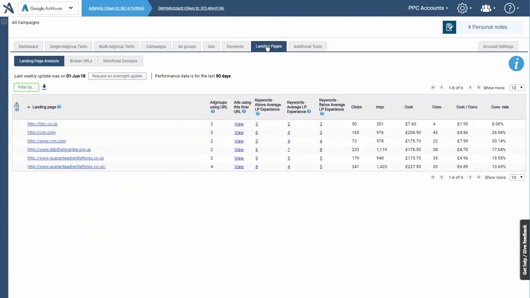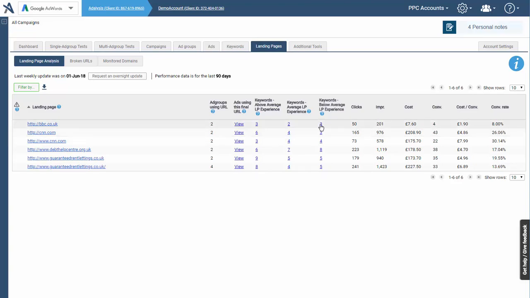If we move to landing pages, when a landing page is used in multiple ad groups, the ad group data doesn't really give you a great picture of that landing page. So when a landing page is in multiple ad groups, we aggregate the data by landing page for your quality scores. Now, if half the impressions for that landing page are from below average landing page experience keywords, we will put an alert up that this page really has an issue because most of the impressions are poor.